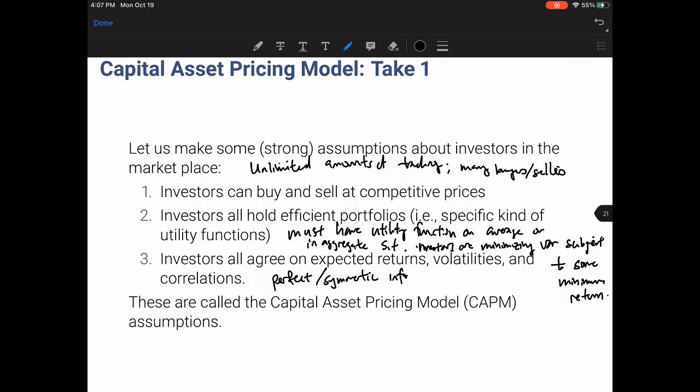Okay? That's the takeaway from the CAPM. You have to assume that these three assumptions hold. Then we can use all that portfolio math for deriving proper expected required returns on risky assets.